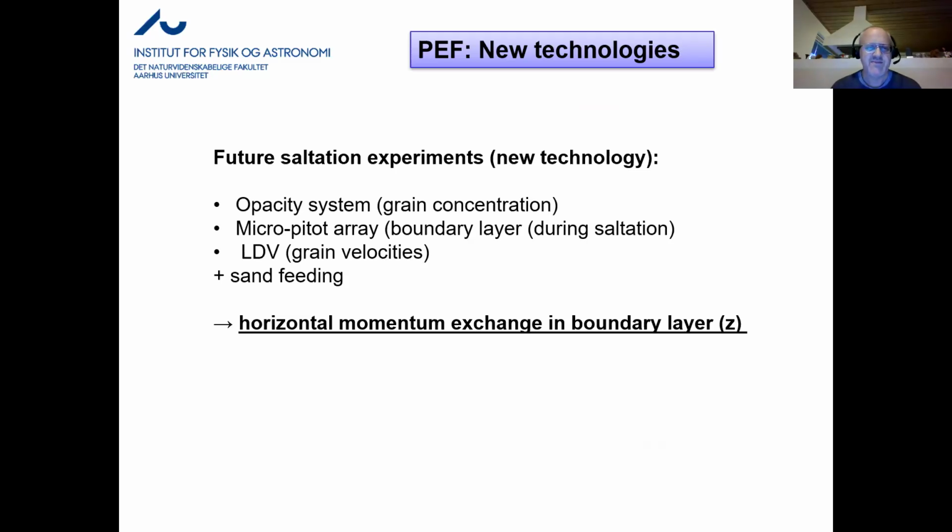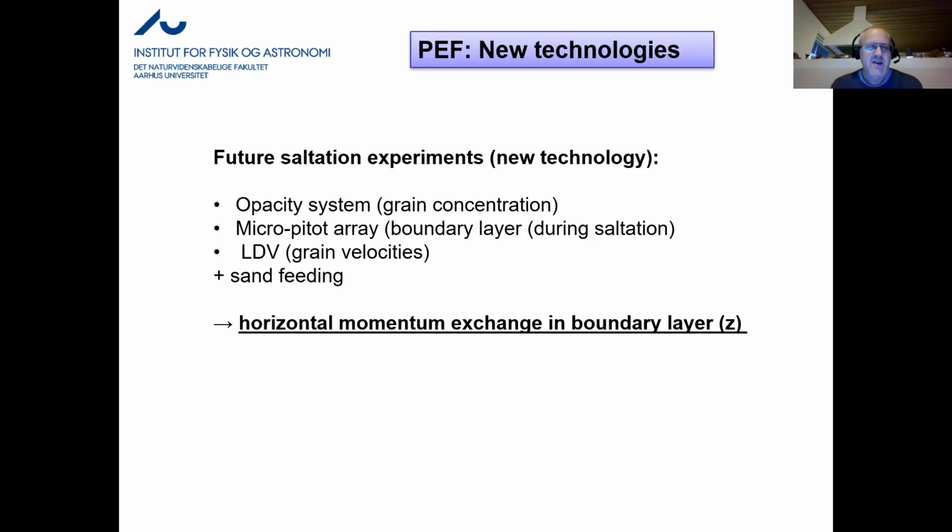So our goals for the future, for next year: I have a master's student, which is finishing now, and he did some measurements with the opacity system and the micro pitot tube array. So we think that they are essentially up and running systems.